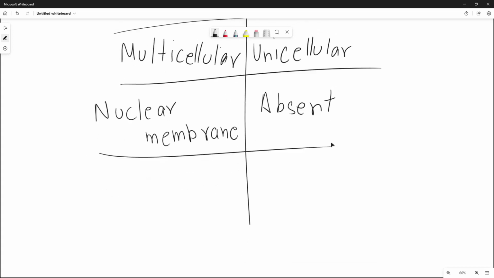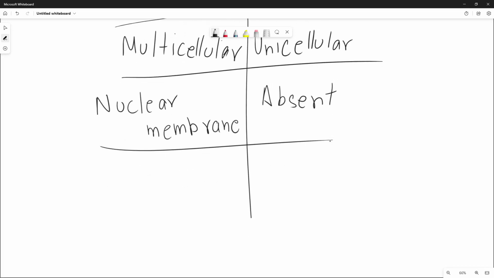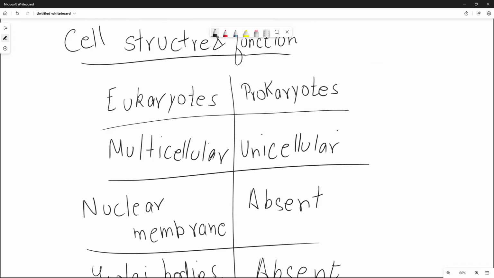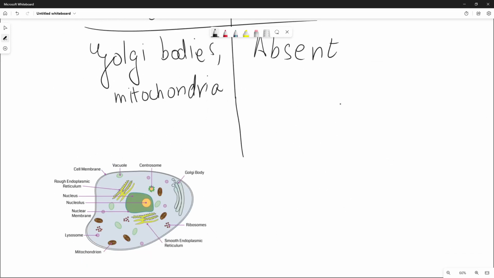Other organelles such as Golgi bodies and mitochondria are absent here. They're present in eukaryotes, whereas they are once again absent in unicellular prokaryotes.